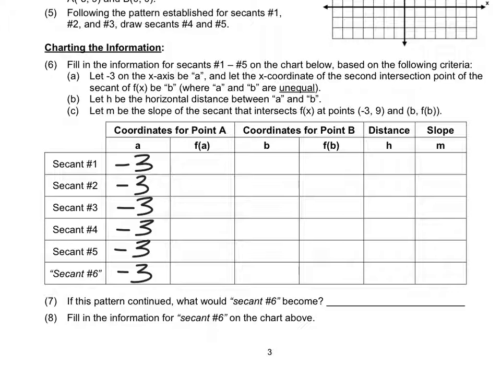So f of a ended up being what? 9. Okay, so the b values. I want to go, basically following our progression in the chart. What was my first b value? -2. And my second one?